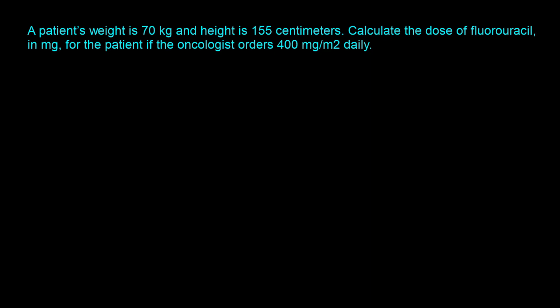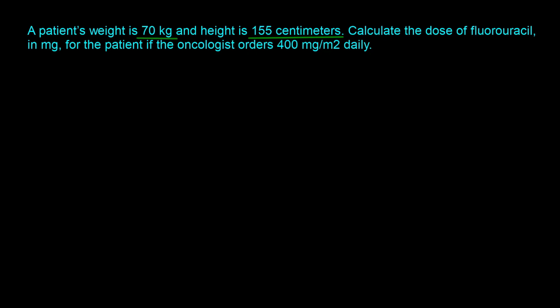What we have is a normalized dose of 400 milligrams per meter squared. So since it is per meter squared, it means this dose has been normalized to body surface area. And so we need to look out from the question for body surface area information. Now, since that is not given to us directly, we take a look at the patient's information and we see that we have a height of 155 centimeters and a weight of 70 kilograms.